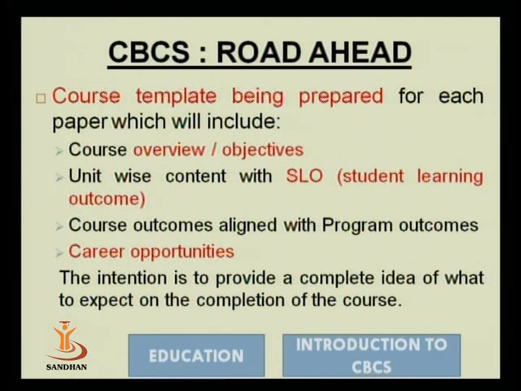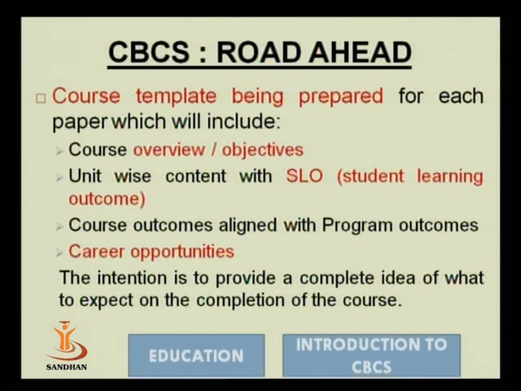Then every course has to be aligned with the entire program outcome. That means, say the program outcome of BSc Physics has been mentioned, then how does this course help in achieving those program outcomes also has to be mentioned within the course template.